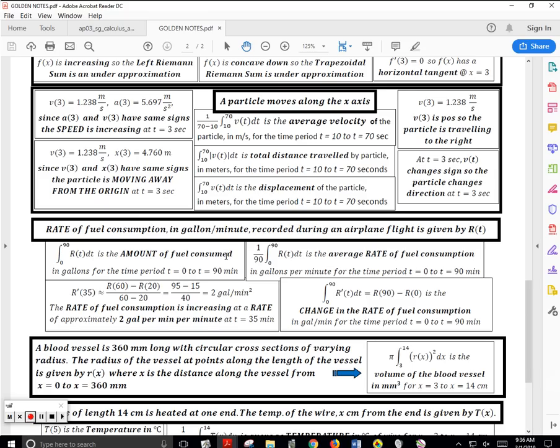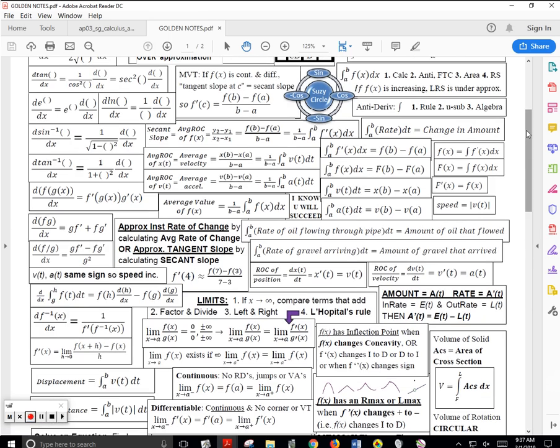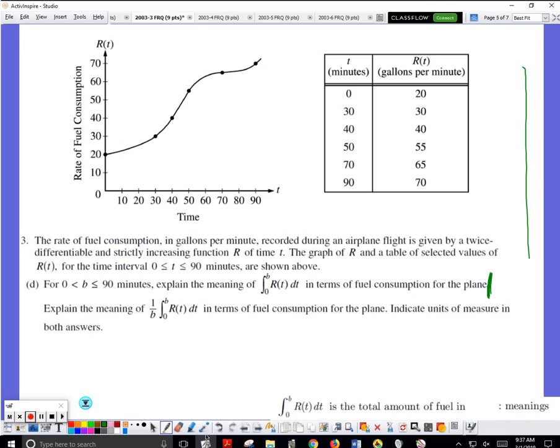In this case, it's not really a change, it's just how much fuel was consumed for that time period. There's a reminder on this side of the card as well. You integrate the rate of oil flowing through a pipe, you find the amount of oil that flows through the pipe. You integrate the rate of gravel arriving at some gravel pile, you find the amount of gravel that arrives during that time. So you just need to write that down.